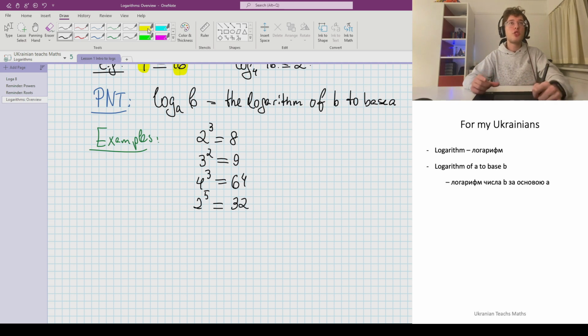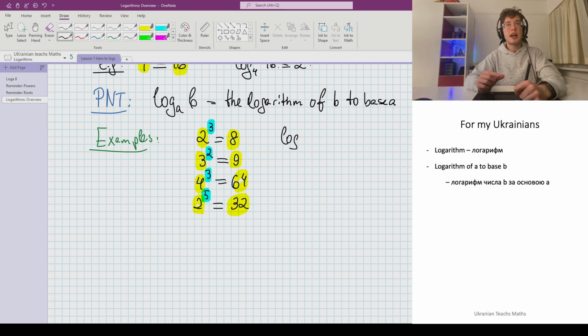So how to rewrite these things with logarithm? We should always remember that the base number and the result are always pre-given, because this is an inverse operation. So we have the result, and for the logarithm we have the base given in advance. So what we are searching for is the powers that are here on the top.